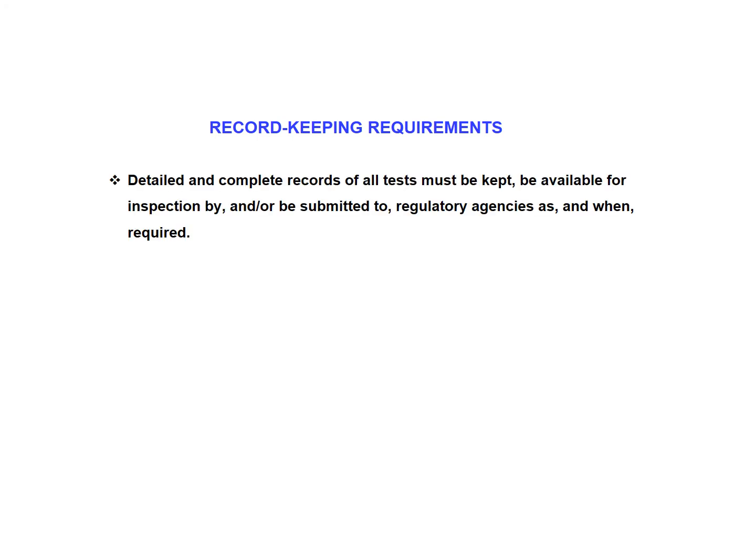This requirement, of course, brings about the need for very meticulous, continuous, and very careful keeping of records of all the research aspects. So complete and detailed records of all the tests must be kept and must be available for inspection and/or submitted to the regulatory agencies as and when required.